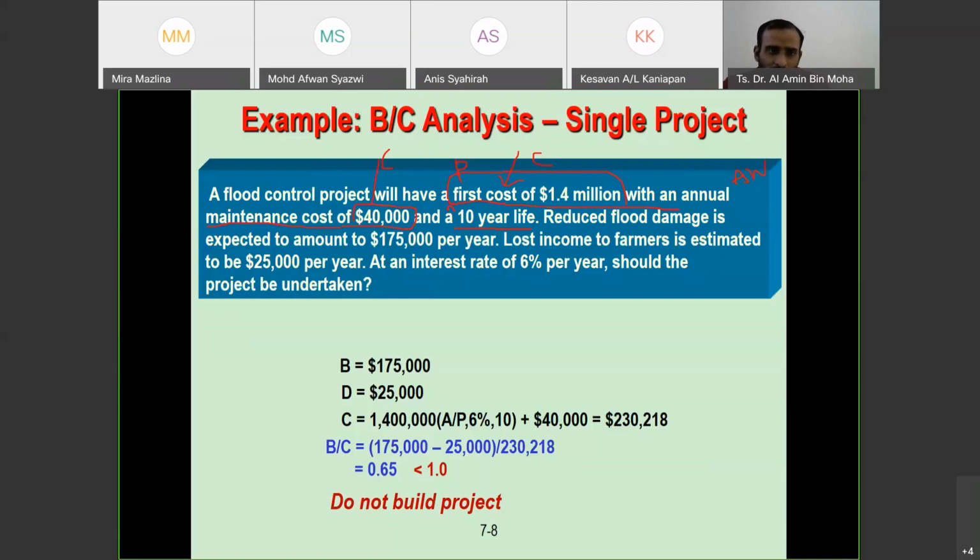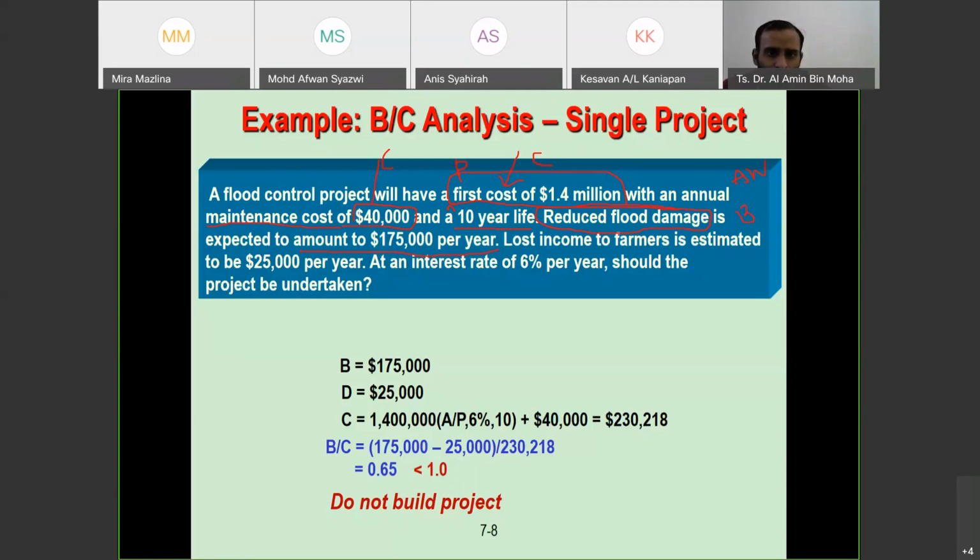Reduced flood damage is expected to amount to 175,000 per year. So what can we understand from reduced flood damage? It's like a benefit, because they reduce the flood that usually happens. So as expected, the amount 175, maybe this is benefit.